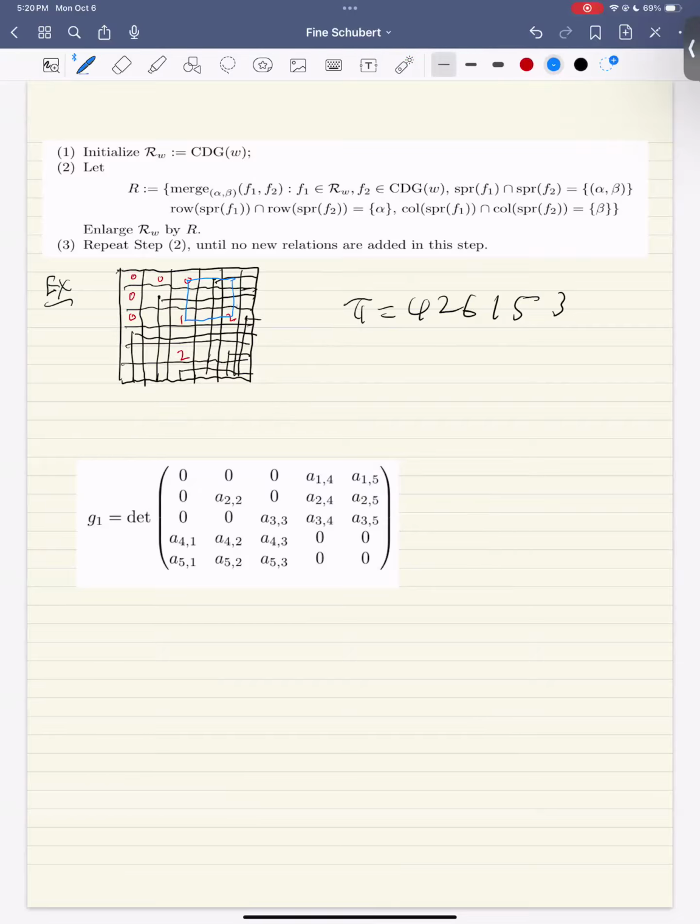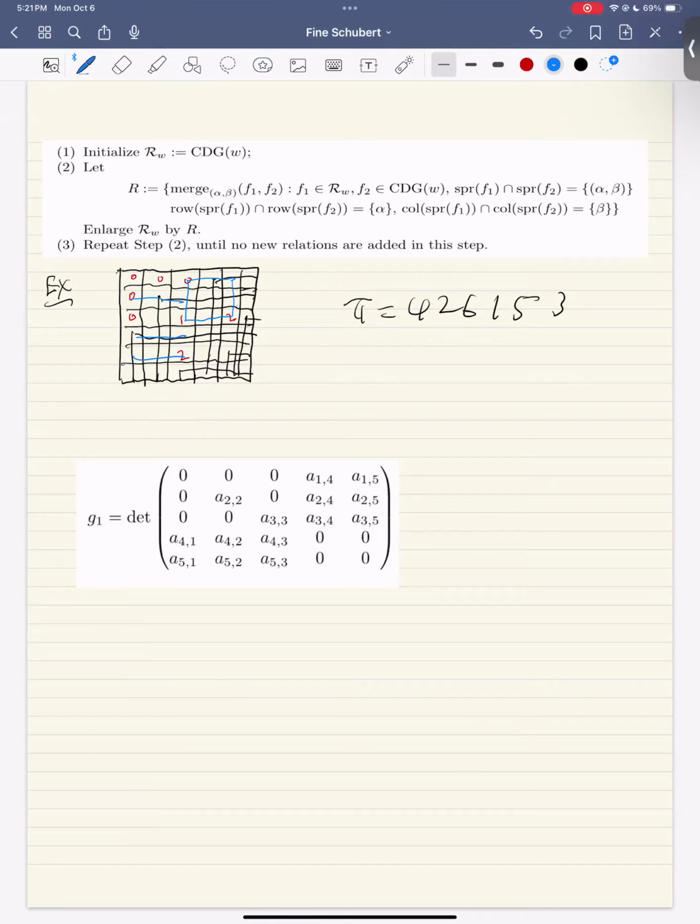Okay, so that is an element of the ideal of XW. And then I can take the CDG generator corresponding to this other 3x3 minor, so these 3 rows. Again, you take the determinant of this 3x3 matrix, except you first set this variable to 0. And then you can merge them.